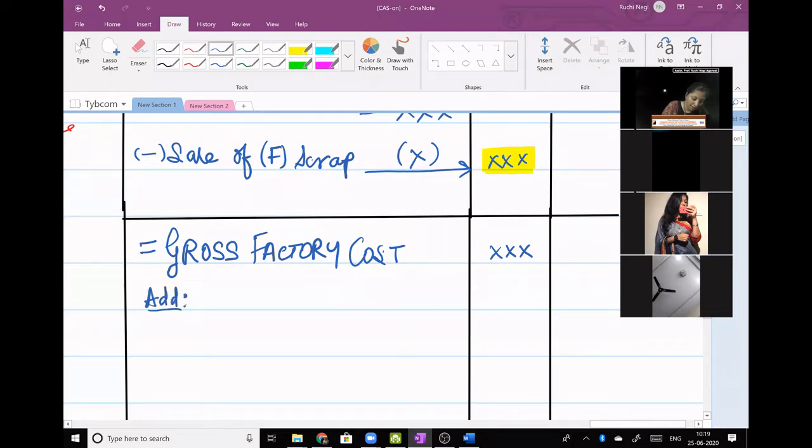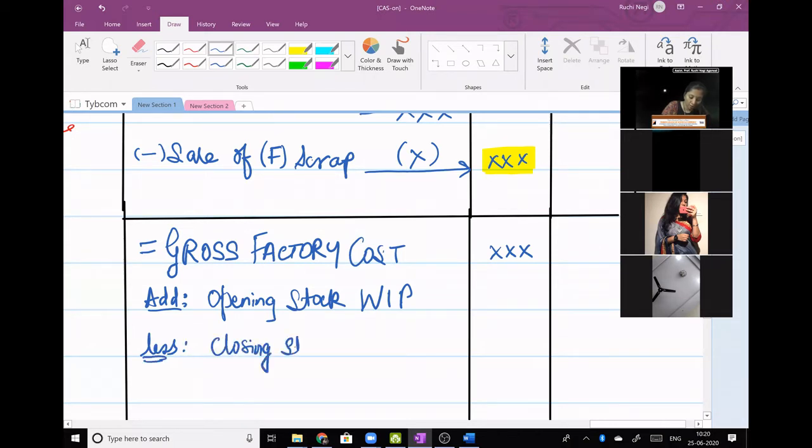So next add opening stock of WIP. Then less closing stock of WIP.